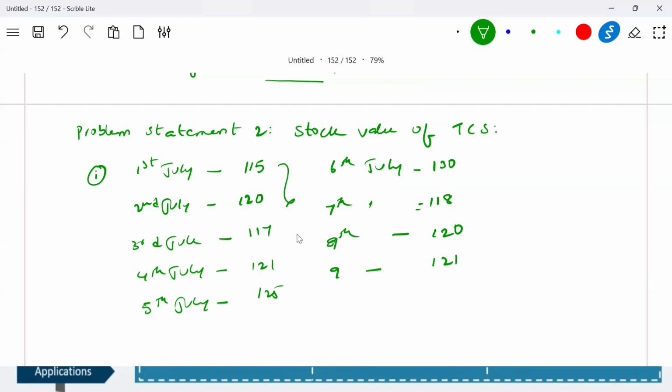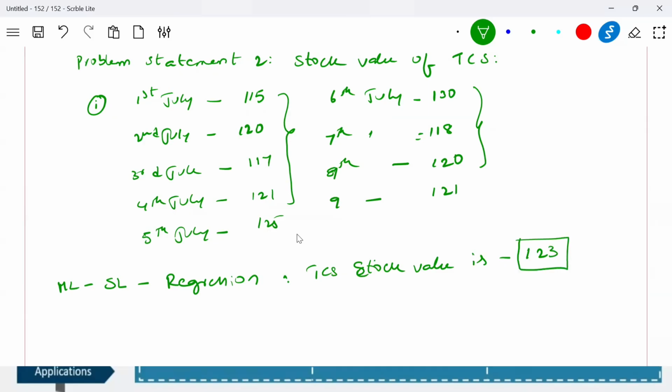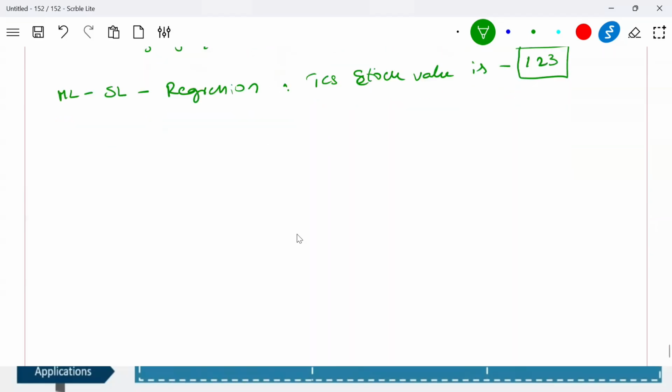So I'm taking the past 10 days' data and predicting using machine learning, using supervised learning, using regression. I'm predicting the TCS stock value is 123. So I have predicted this. This is my problem statement two. Fine. Next, I have another problem, problem statement three.